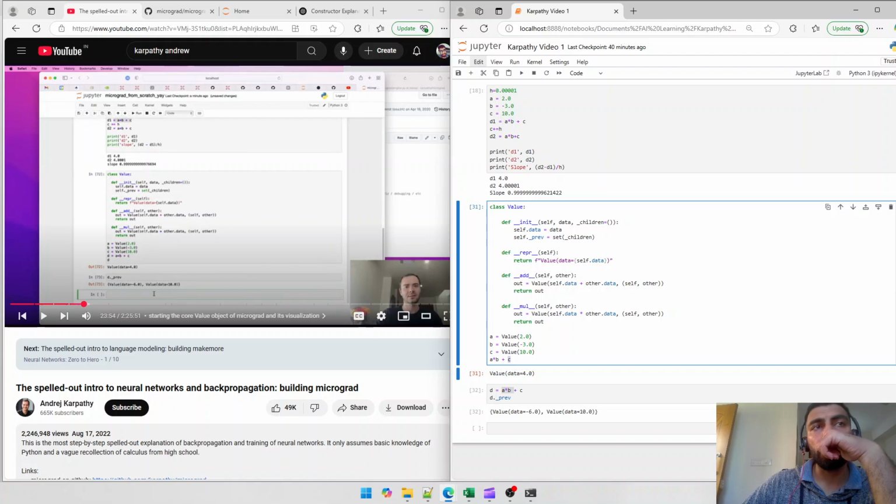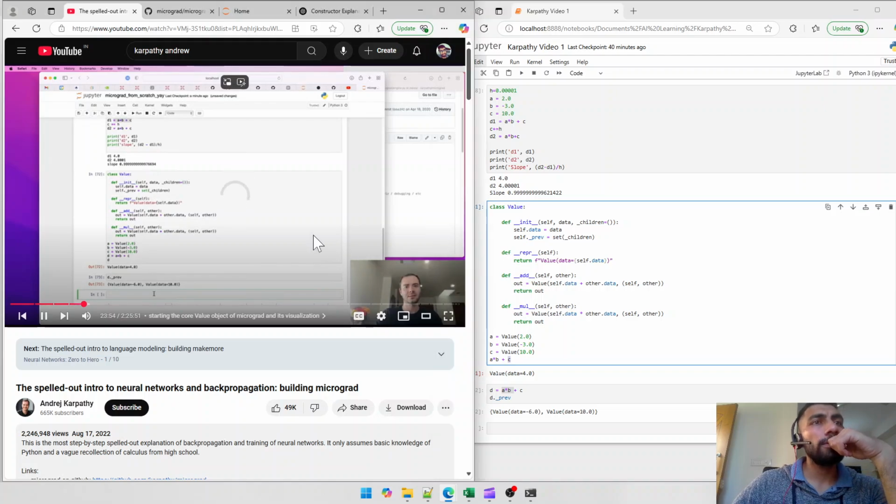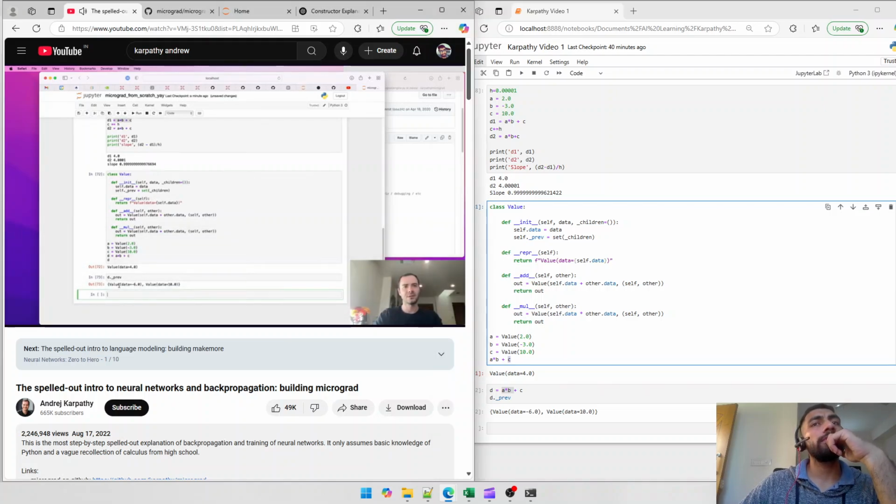So addition between these two for the children. The children of d, we now know, are this value of -6 and the value of 10. And this, of course, is the value resulting from a times b.